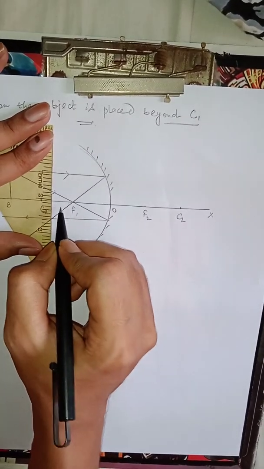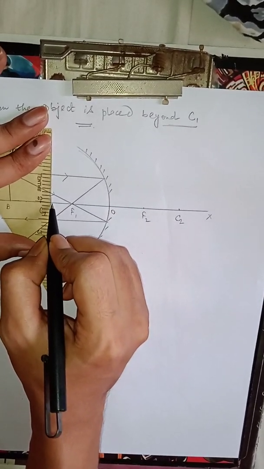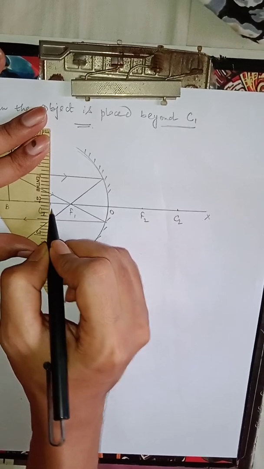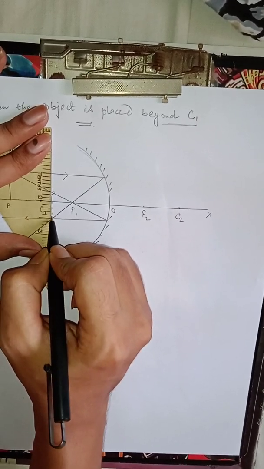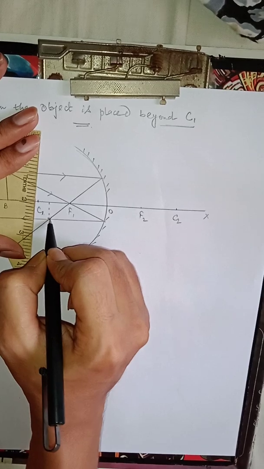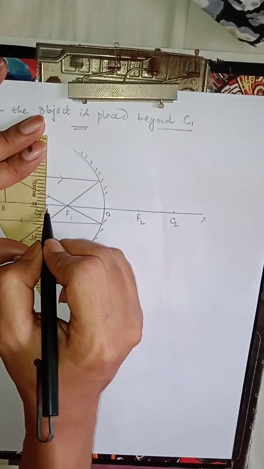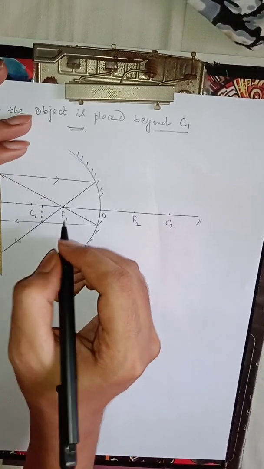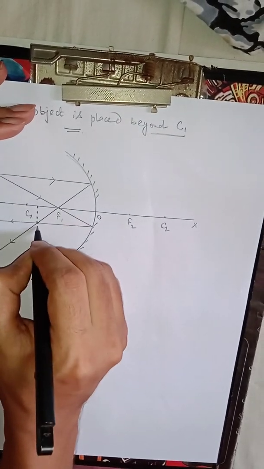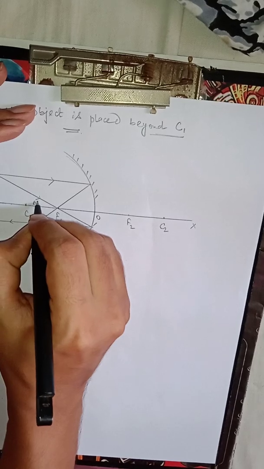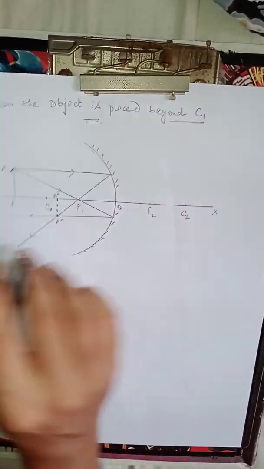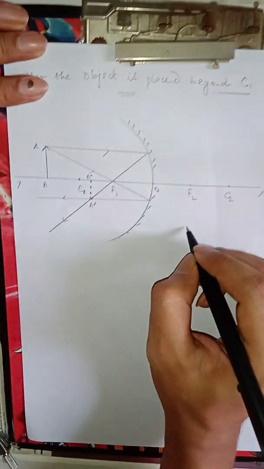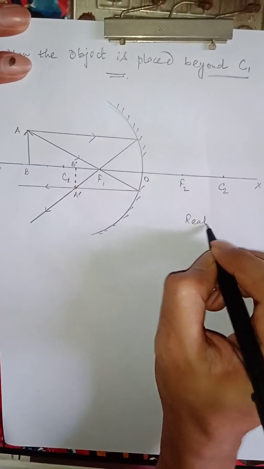So I am drawing this image dashed, since it's an image, so it will be dashed in nature, as you can see. And this is A dash, B dash. The image formed is of course a real image.